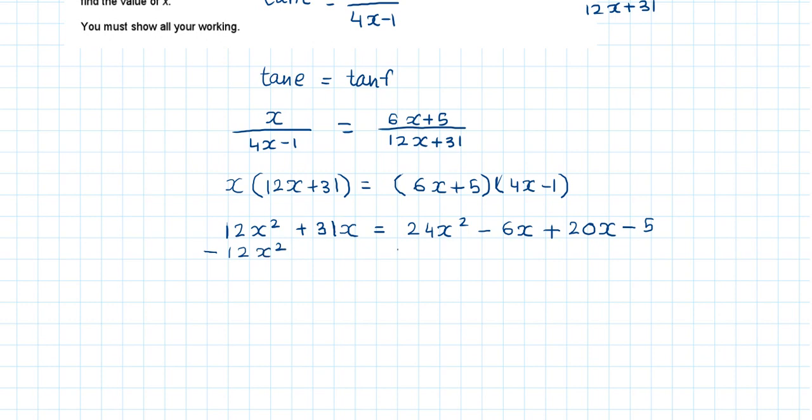So this is 31x is equal to 12x squared minus x plus 20x. I can simplify that to plus 14x. Minus 5.